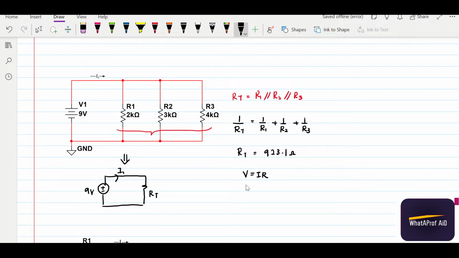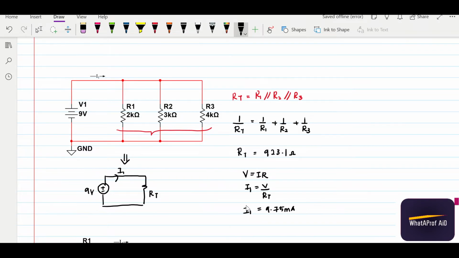So I1 equals to V over R total, and we have a current of 9 milliampere here.